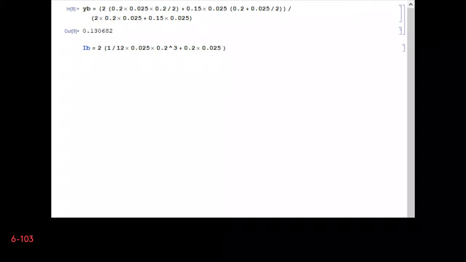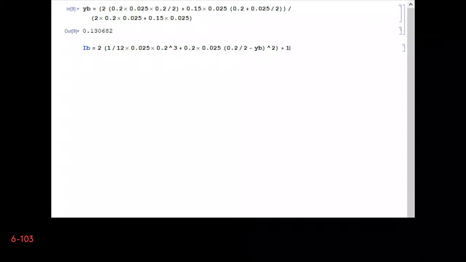This is the area, and the distance between the centroids, that is h divided by 2, 0.2 divided by 2 minus y bar. This is the moment of inertia of the areas which are vertically aligned.